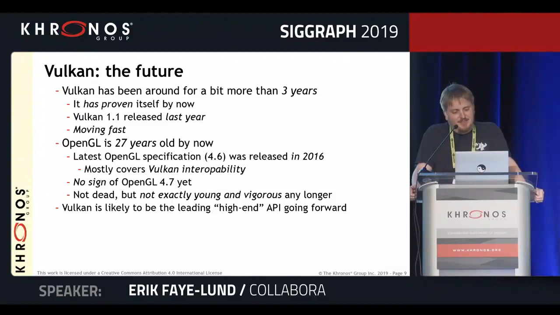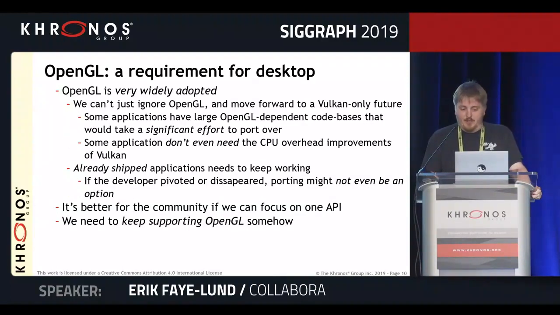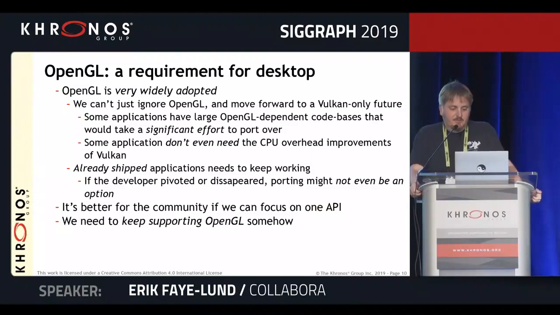It's not dead, but it's not exactly young and vigorous, I would say. So I think it's a pretty safe bet that Vulkan is going to be the leading high-end or high-performance API going forward. But OpenGL is an absolute requirement. It's very widely adopted, very widely used. We can't ignore it.